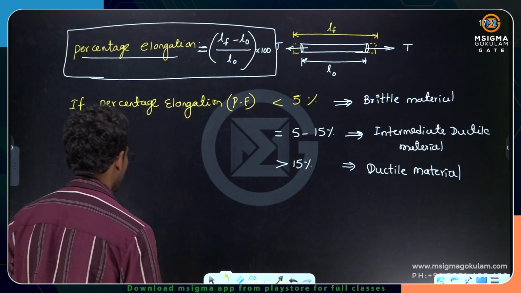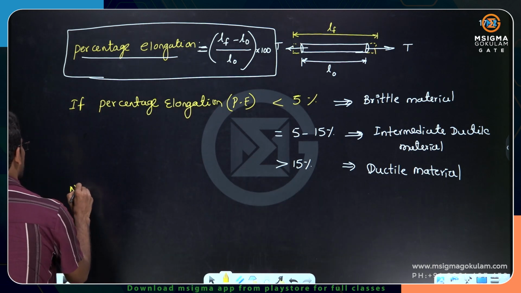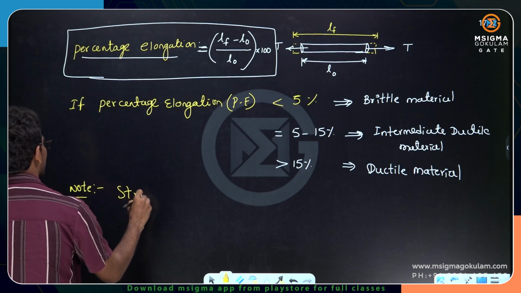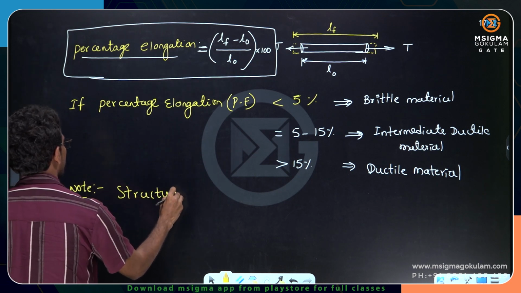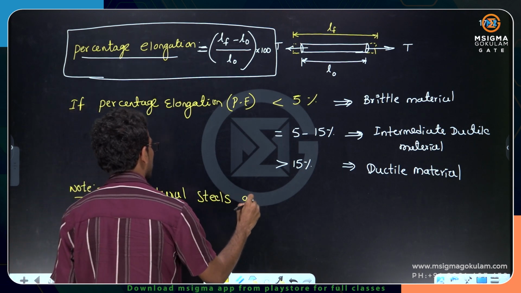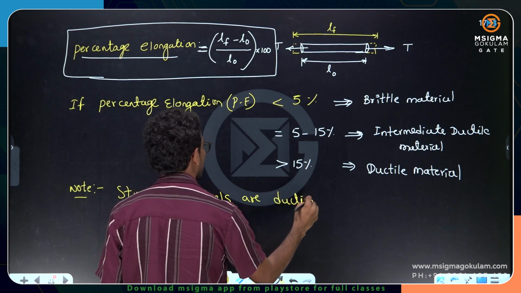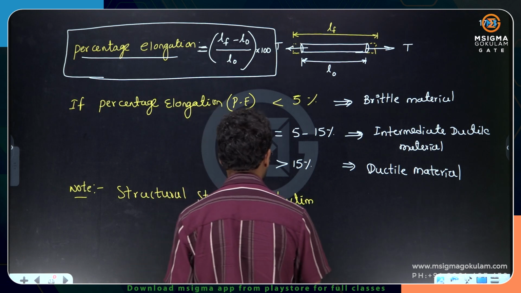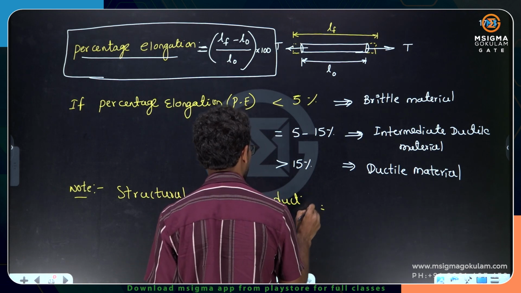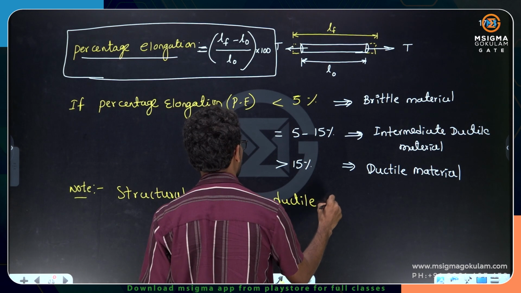So I can say, very important thing, all structural steels are ductile materials. Structural steels are ductile in nature.